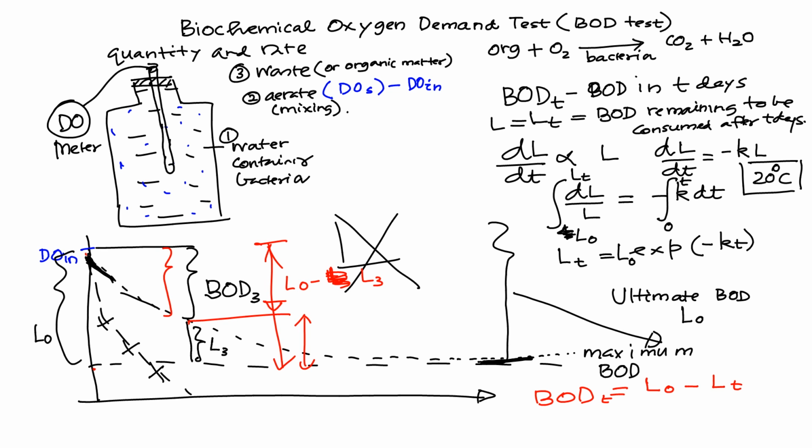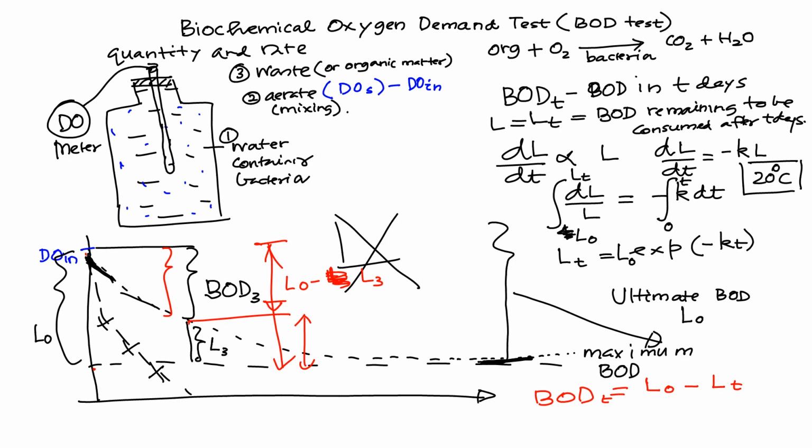Now can you please think, before you come to the lecture: if I throw in the same waste and then put some toxic material inside, what will happen to this curve? And if I do it the other way around, instead of 20 degrees C, if I do it at 10 degrees C, what will happen to this curve? It will always follow one important point: bacterial consumption of oxygen is proportional to the remaining oxygen demand, or the remaining food.